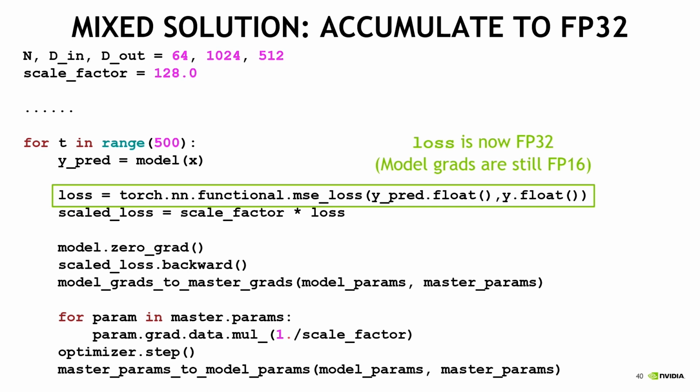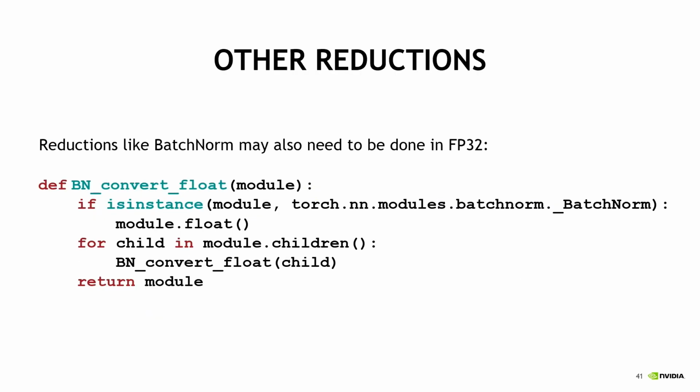Another reduction that we encounter often is batch norm. This is still an open question of whether we need batch norm in FP32. It does appear that pure FP16 batch norm does work for a lot of networks, but for some networks we might want to really err on the very careful side. So this is another utility function, because I love utility functions.